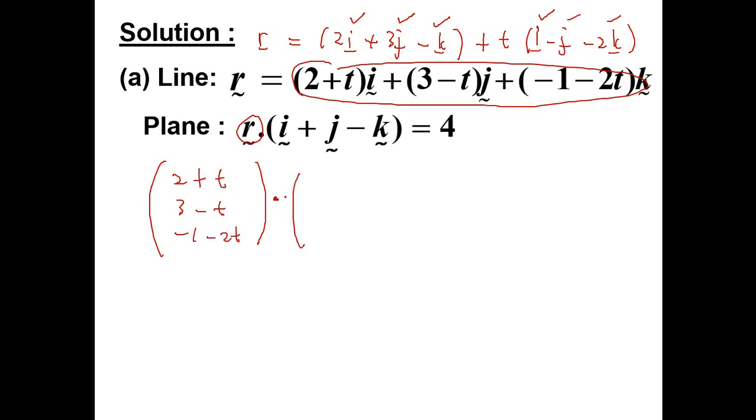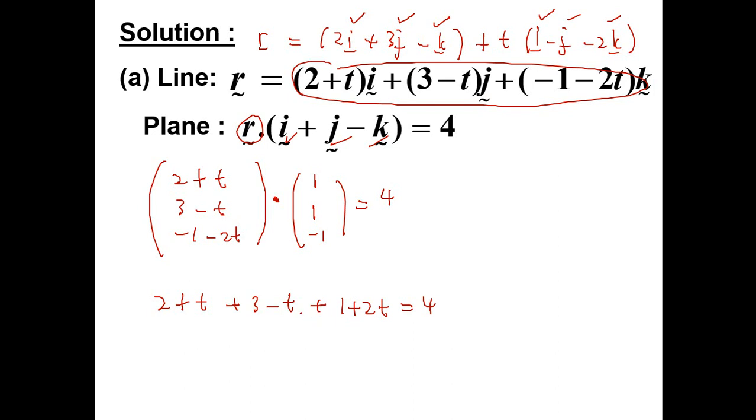Then substitute into the plane, or change to matrix form. Dot product with (1, 1, negative 1) is equal to 4. Using the dot product, 2 plus t times 1, plus 3 minus t times 1, plus negative 1 minus 2t times negative 1, so plus 1 plus 2t, is equal to 4.